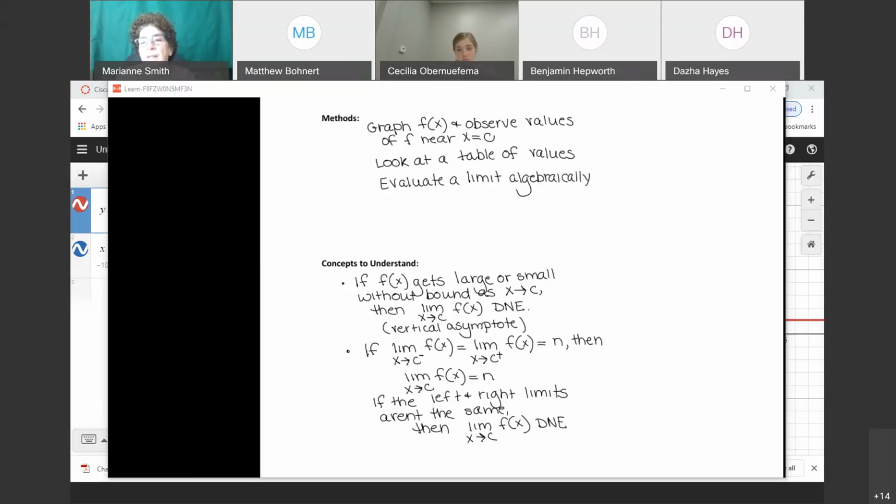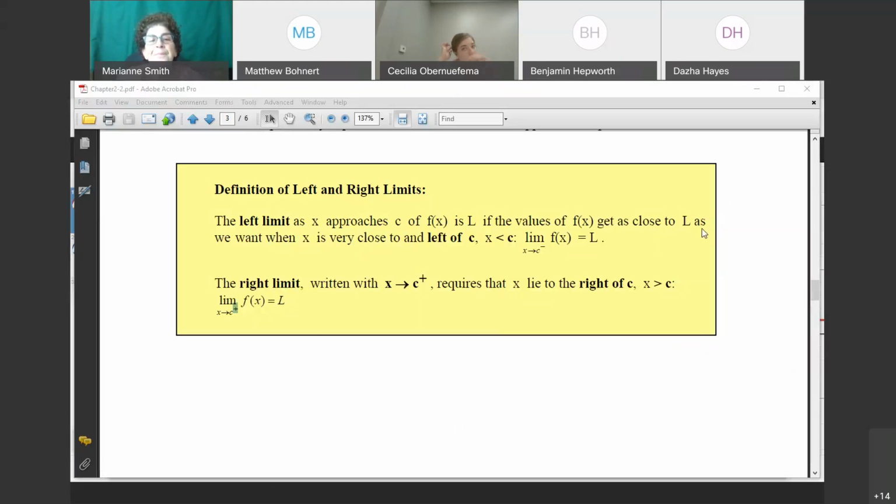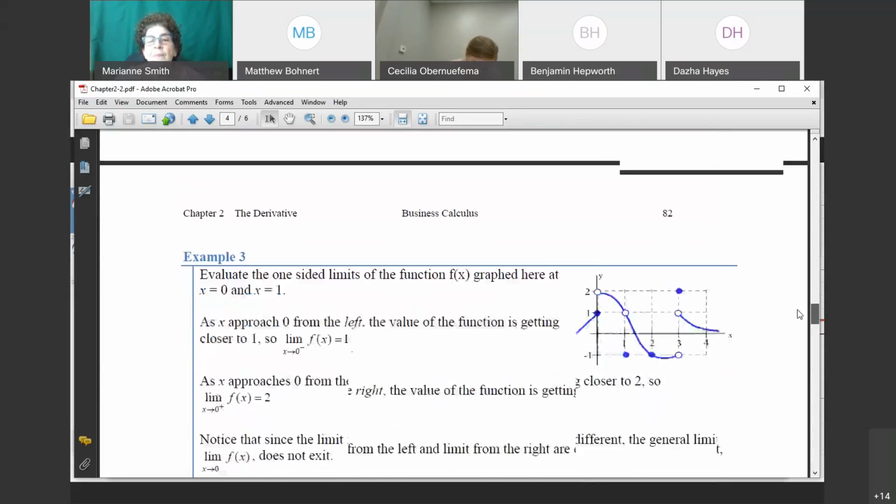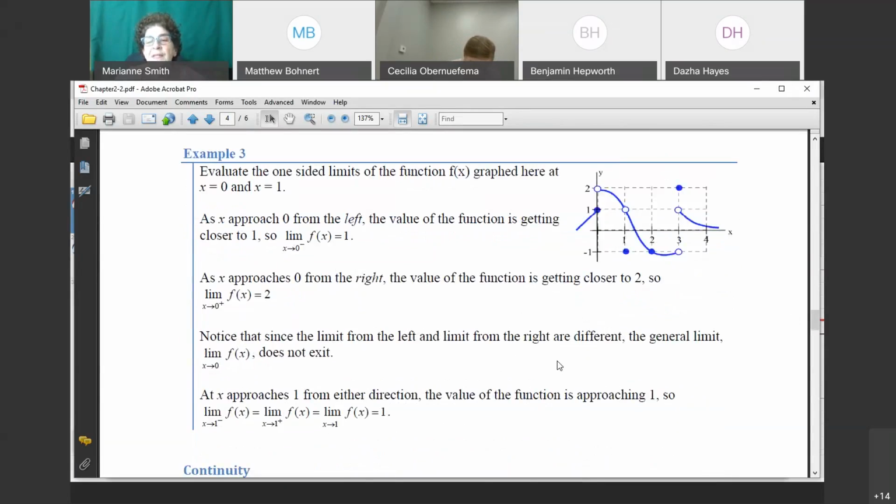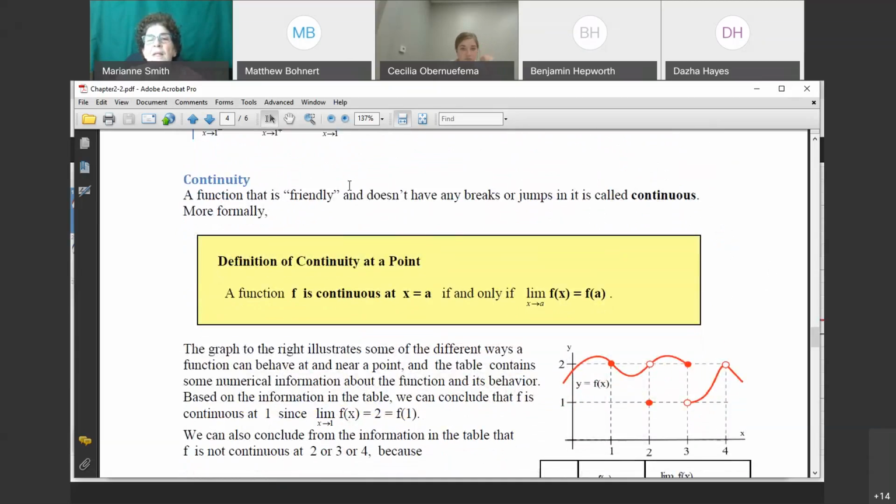All right. In the very short amount of time we have left, I'm going to talk about continuity. It turns out once you understand the idea of a limit, continuity is really, really simple. Continuity is just another way of saying that for every point you're interested in on the graph, it's friendly, it doesn't have any breaks.